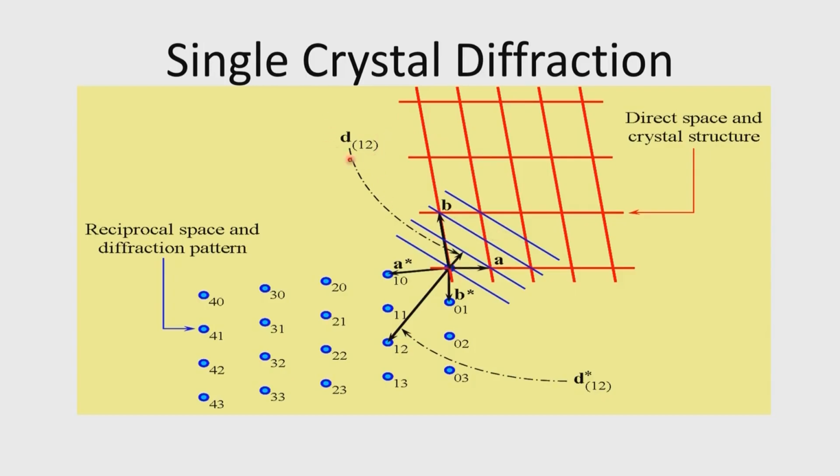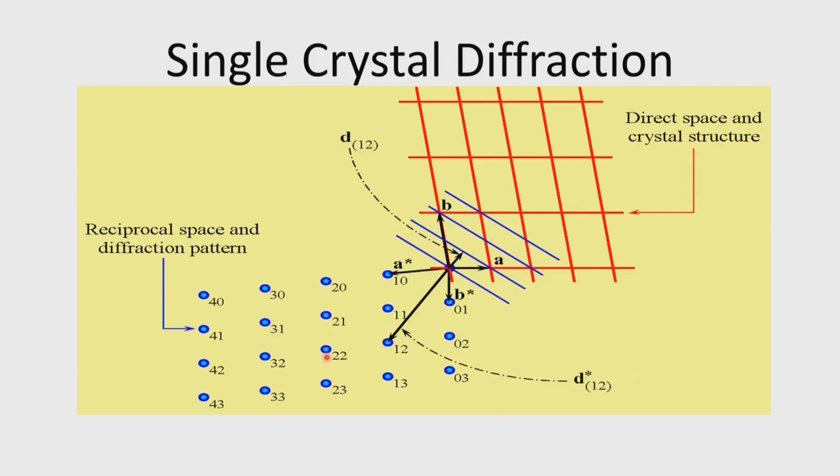So, this is D12. When we do the scattering experiment, the corresponding reciprocal point will appear at this position, and that represents D star 12. Notice that this vector is in the reciprocal space, and therefore we will generate different points in the reciprocal space corresponding to each one of these parallel planes.